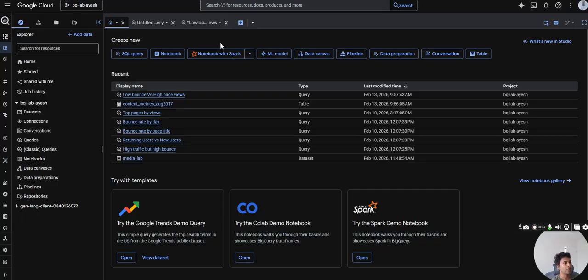For example, if I look at my top pages by views query from the dataset, I would see a set of information as hits between August 1st to August 31st. There are page views coming in, especially for the shop by brand page.